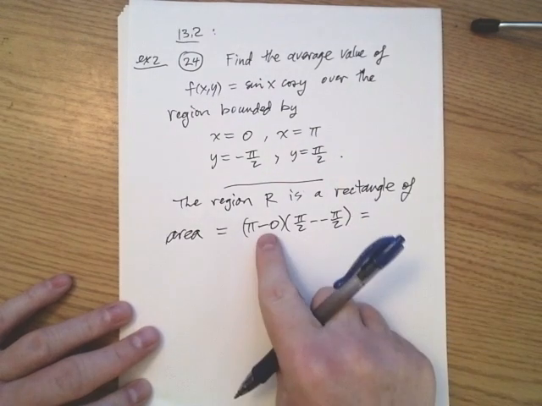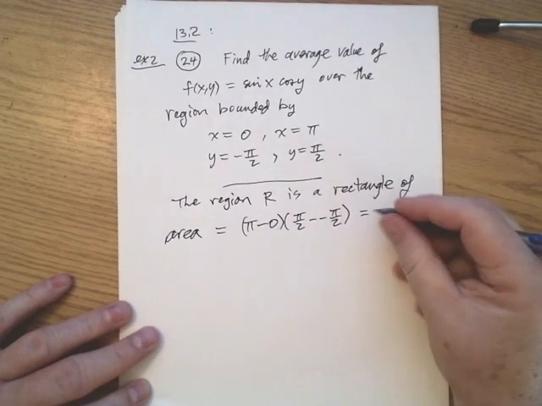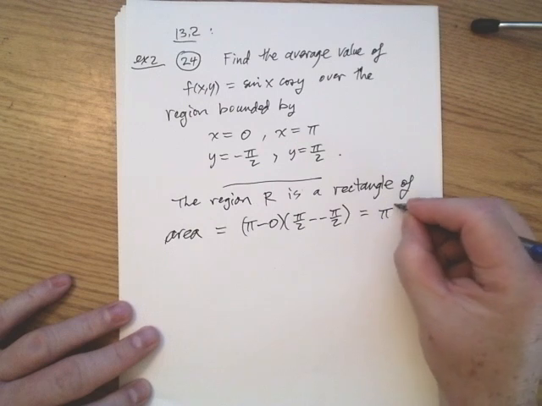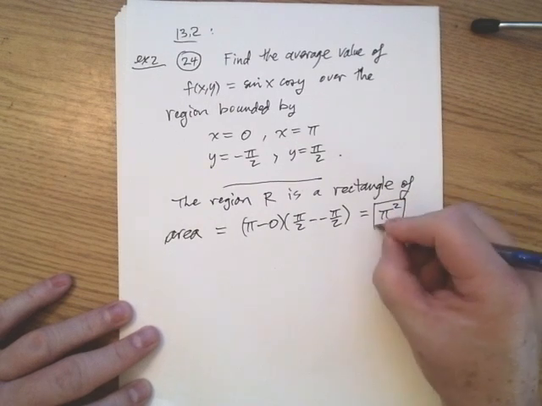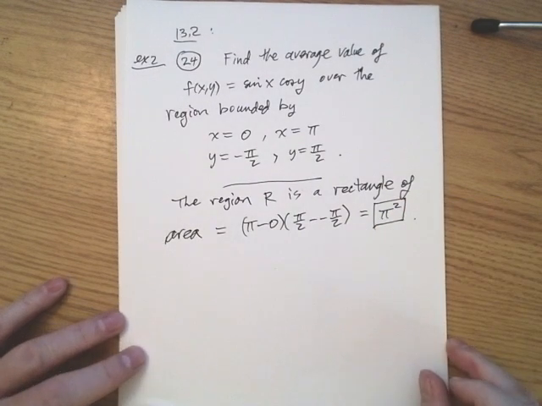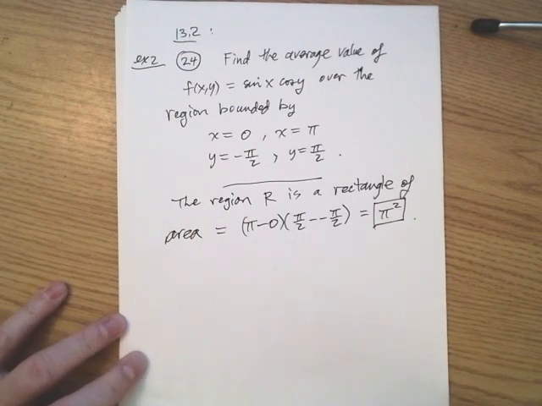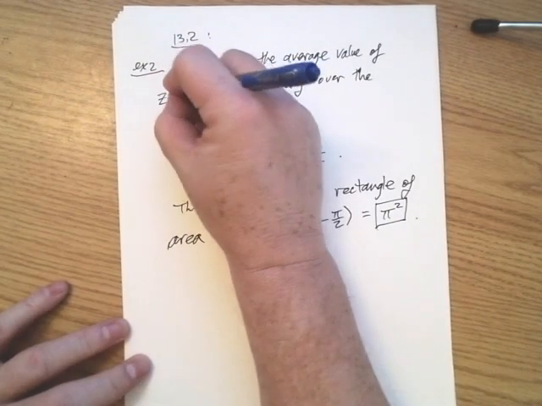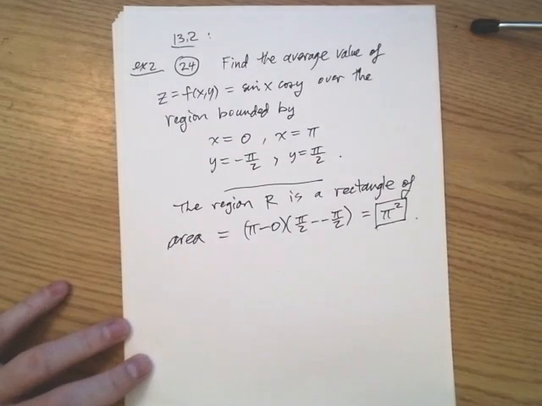That looks like what? Pi. That looks like pi. So the area of that rectangle is actually pi squared. So that will be going in the denominator of our expression for, let's call that z, for z bar here.